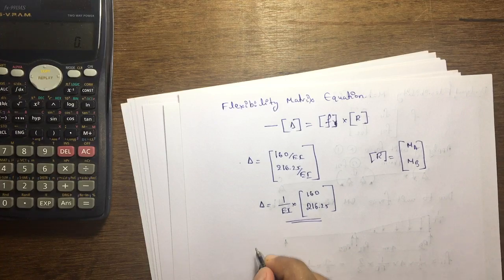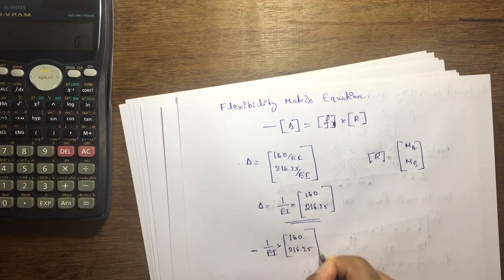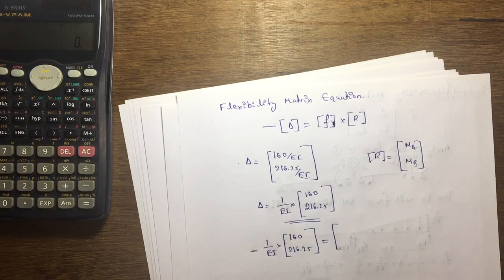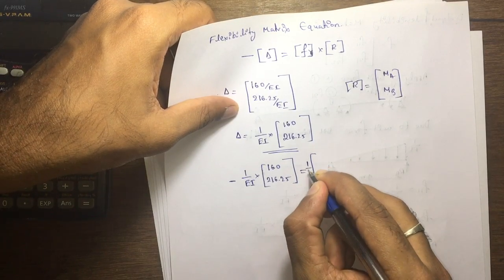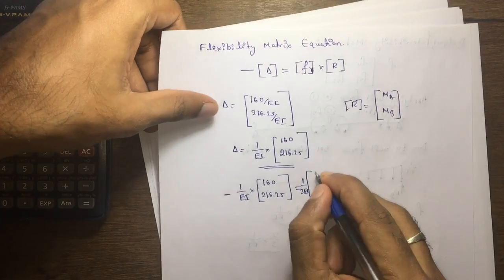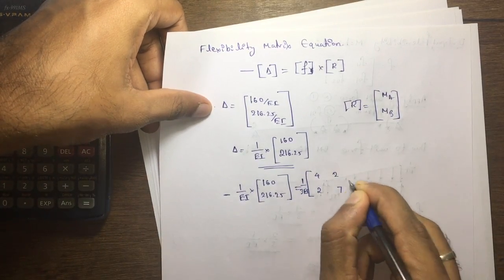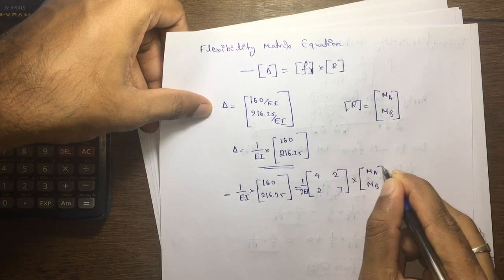So I will substitute here minus 1 by EI into 160, 216.25 is equal to our F matrix we just now calculated, 1 by 3 EI we have taken common, inside that is 4 2 and 2 7, into MA and MB.